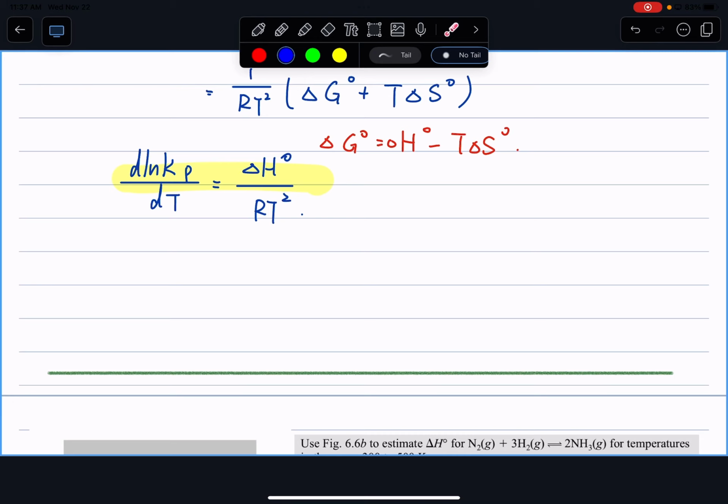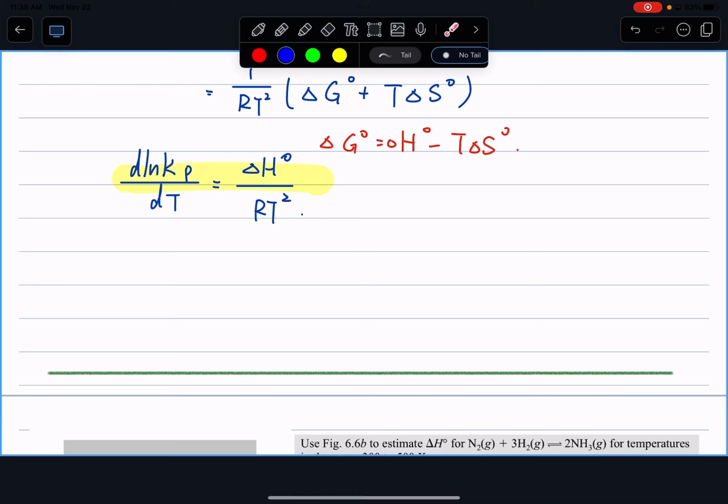It goes both ways. If you have the thermodynamic table and you know what delta G and delta H are, you can derive what the equilibrium mixture looks like. Or you can determine delta H of a reaction by measuring the equilibrium components at different temperatures and plotting them to find the delta H.